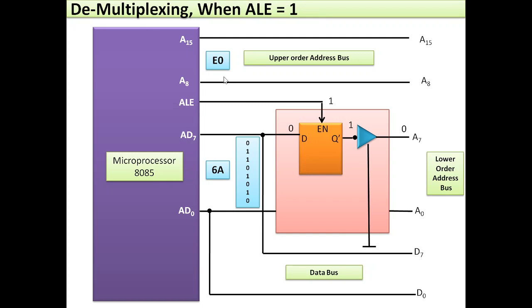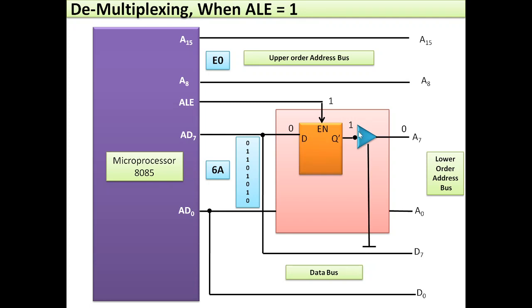an address available at the upper address bus, which is E0, and 6A at the lower order address bus, and if ALE is 1, the entire information will be transferred to the output. How? Suppose the input is 0, and when the enable is 1, the Q bar output will be 1, since it is taken from the complement output.